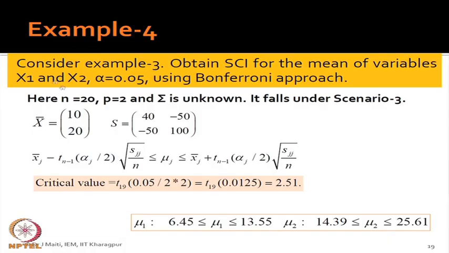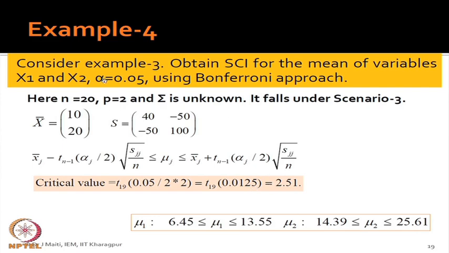Example 4, consider example 3, obtain simultaneous confidence intervals for the mean. So, t n minus 1, alpha j by 2, that is t 19, 0.0125. How have we got 0.0125?